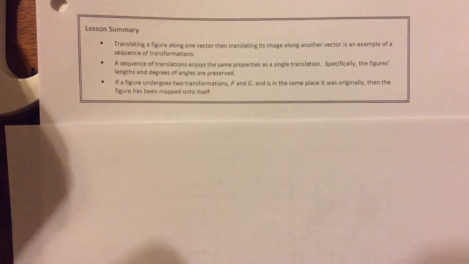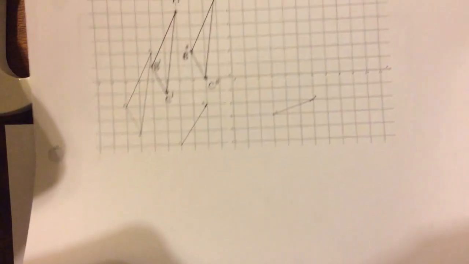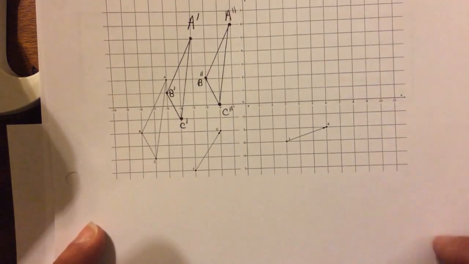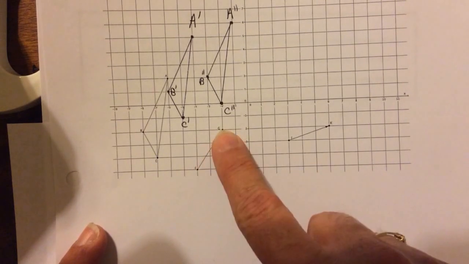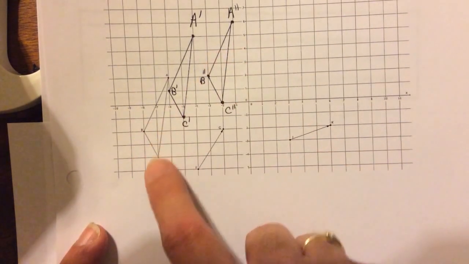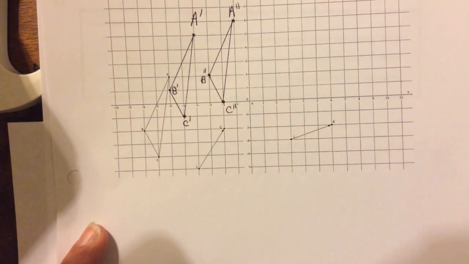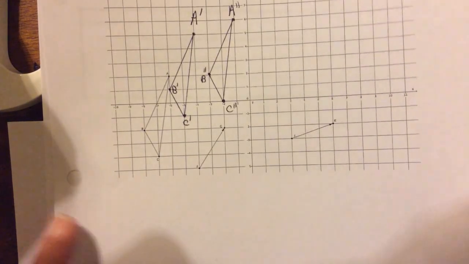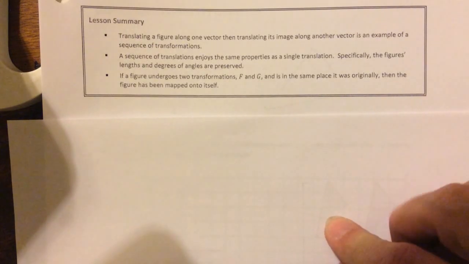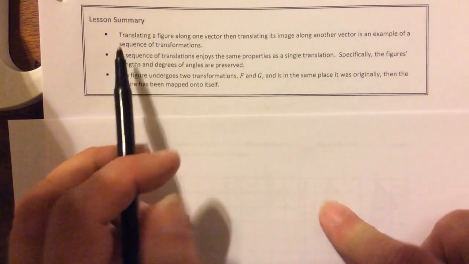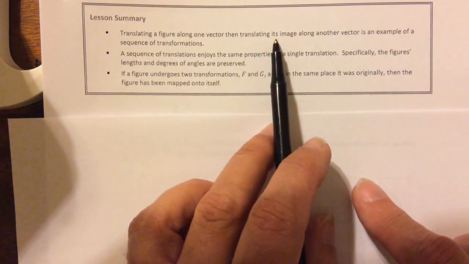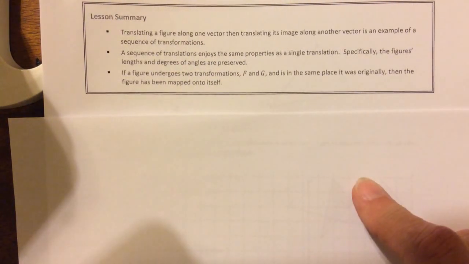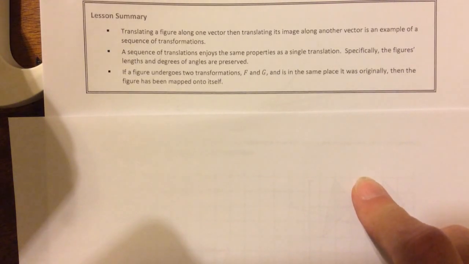Especially even in the coordinate plane, where you might not have noticed before the correlation to the over and up movement of a vector and how that translates into each point moving over and up, or to the side, up and down, and left and right along a vector. So we've seen that translating a figure along one vector and then translating its image along another vector is an example of a sequence of transformations.